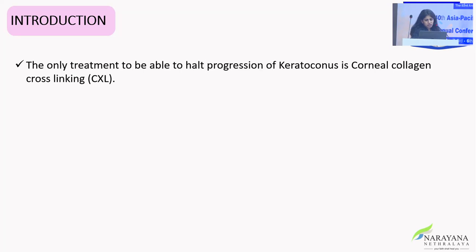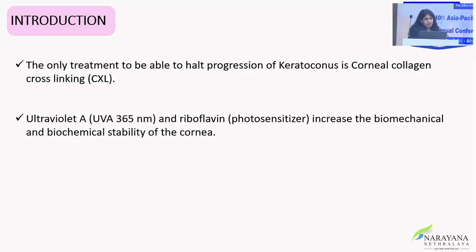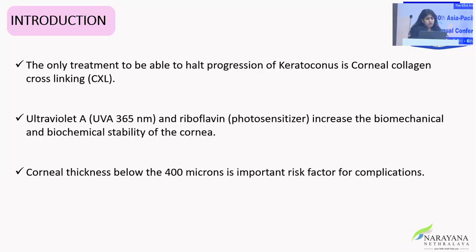Keratoconus is a progressive corneal disorder leading to progressive stromal thinning and ectasia, leading to irregular astigmatism and visual impairment. The only treatment to halt the progression of keratoconus is corneal collagen cross-linking. Ultraviolet rays, UV rays, and riboflavin increase the biomechanical and chemical stability of the cornea.